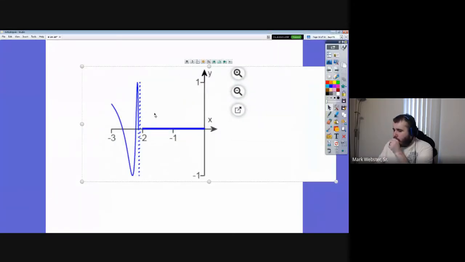So the way that this curve works is, as it approaches this here, this is kind of like an asymptote, but not really.